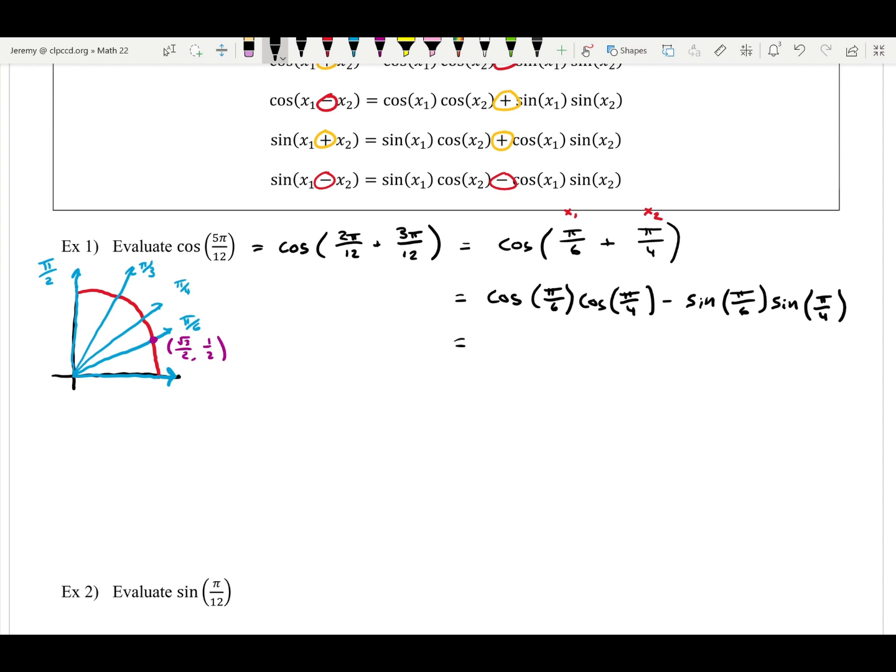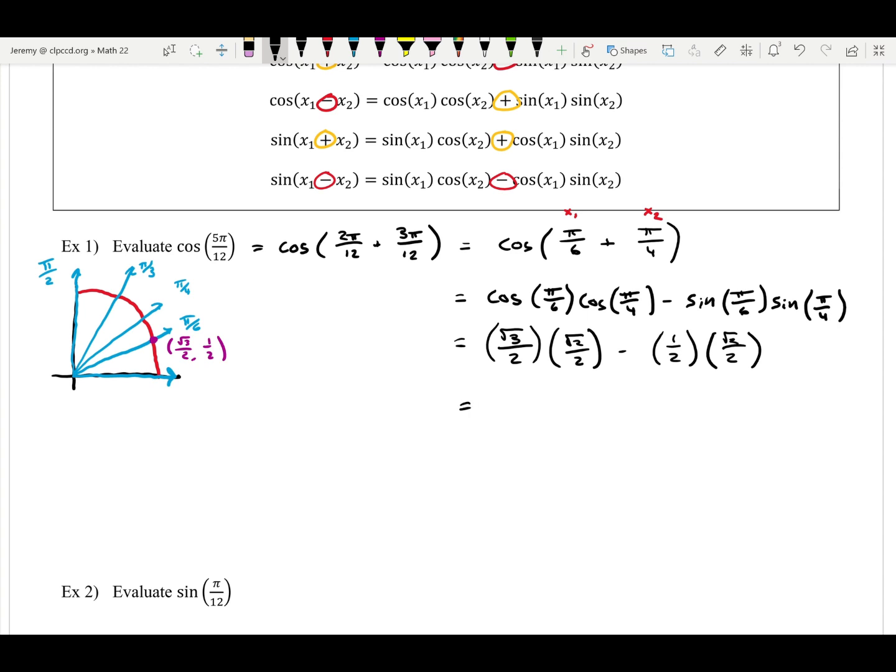So cosine of pi over 6 is going to be the x-coordinate, root 3 over 2. And then cosine of pi over 4, that's that next angle there. I get root 2 over 2 for cosine of pi over 4. Minus sine of pi over 6, that's 1/2, times sine of pi over 4, that is root 2 over 2.